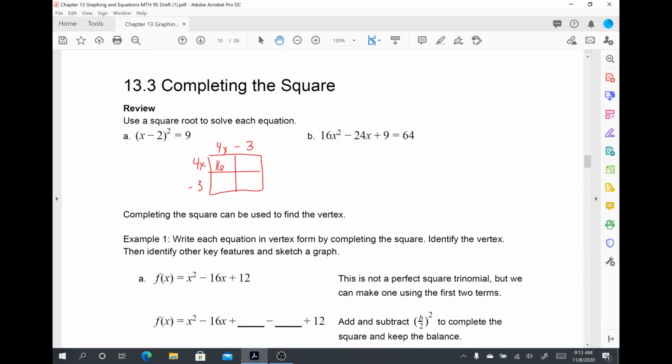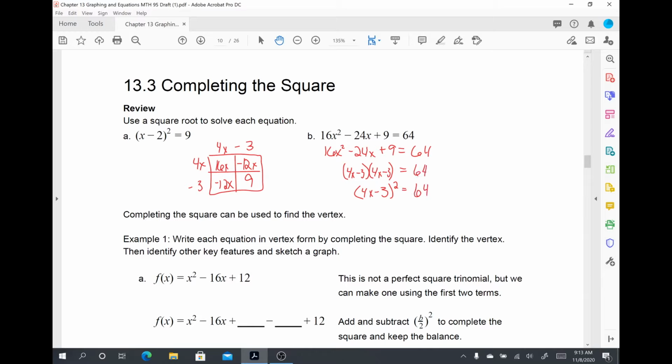We would get the 16x squared and the 9, and we would get negative 12x and negative 12x. So we can write this right side as a square and the left side as a square. Alright, so now I have 4x minus 3 squared equals 64.